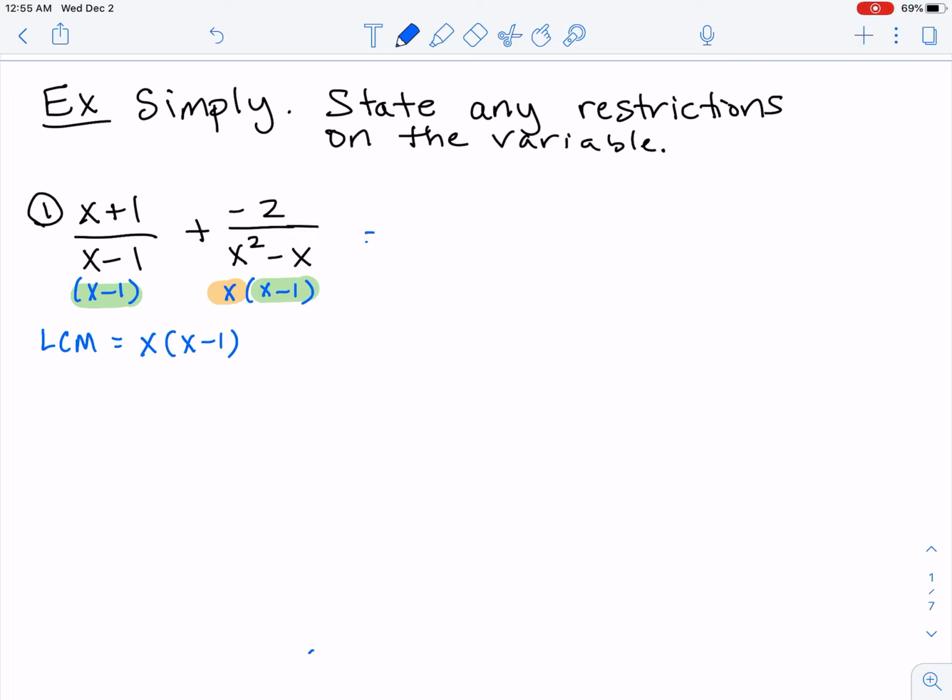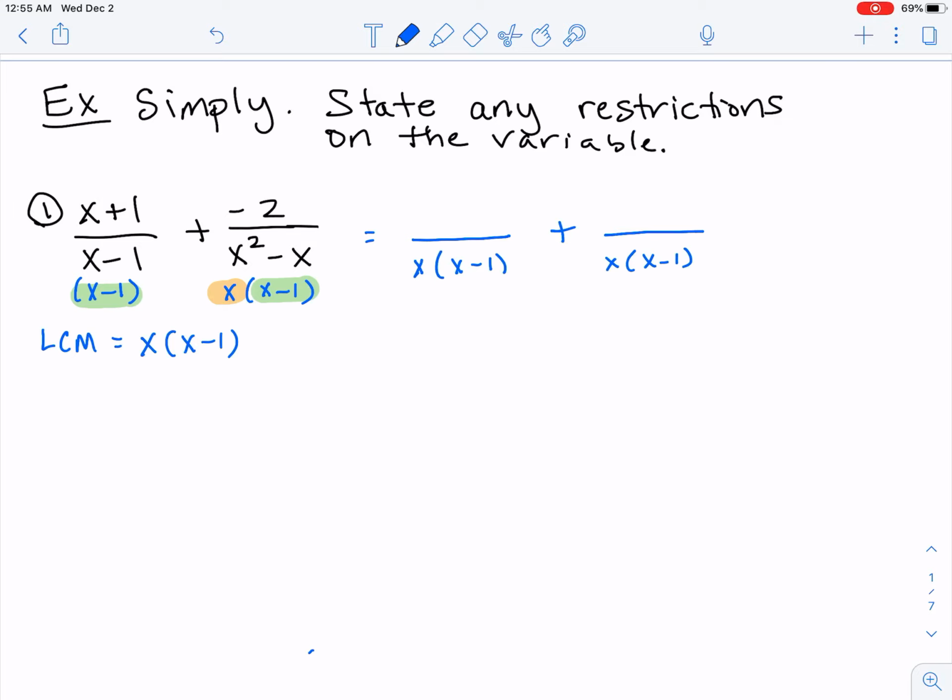All right, so I need to rewrite this addition of our rational expressions with a common denominator. Okay, so we have factored the denominators, we found the least common denominator, and now we're going to rewrite each expression with that least common denominator by multiplying by any necessary factors.